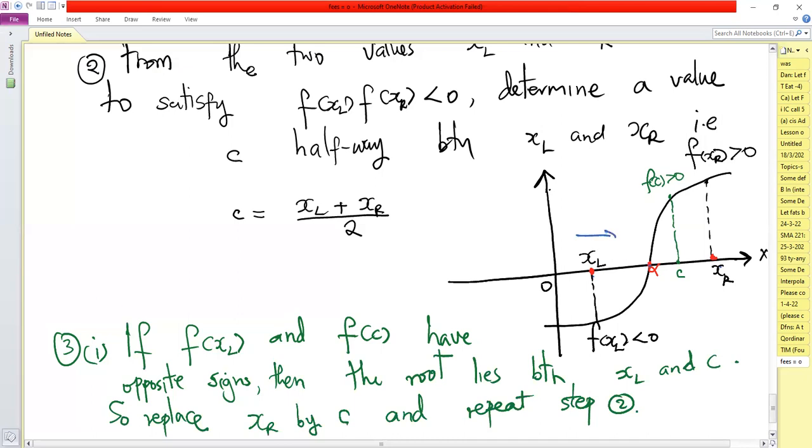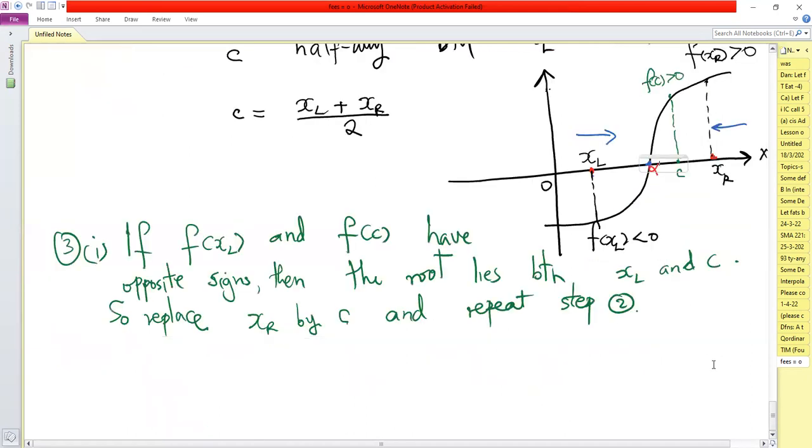So we are trying to reduce this gap. That's the main objective. Because f of xl and f of c have opposite signs, as explained in part 1, instead of having xr at this point, it is taken to this point. So we are trying to move closer and closer to this root alpha.